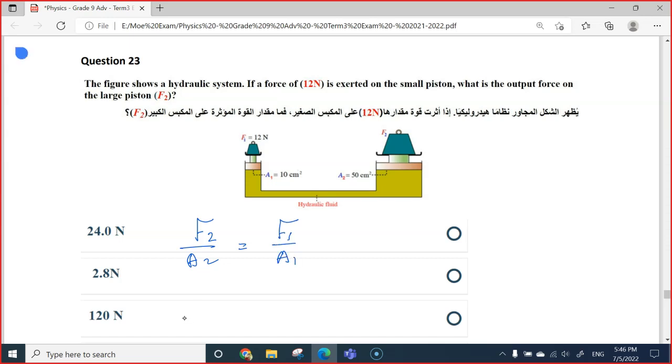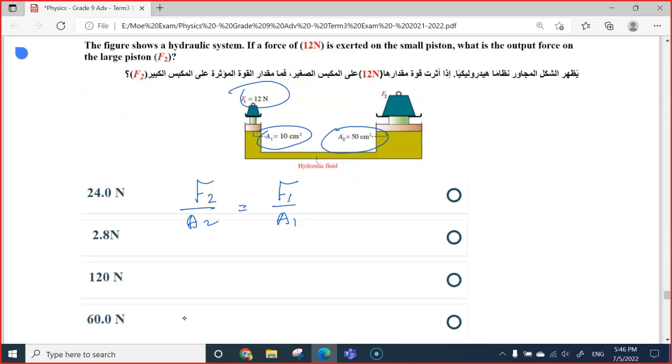Here F1 is the force that we are applying on the smaller piston, and A1 is the cross-sectional area of the smaller piston. F2 is our output force, the force acting on the larger piston, and A2 is the cross-sectional area of the larger piston. So we want to calculate F2.